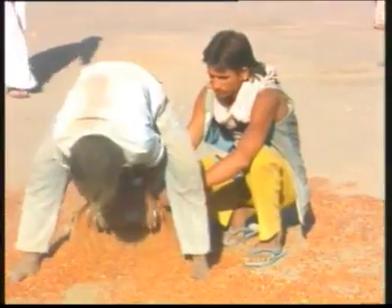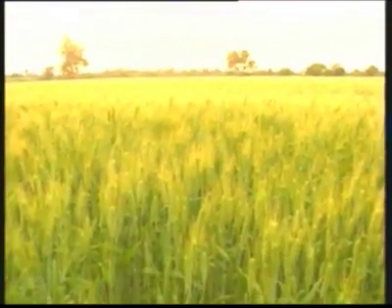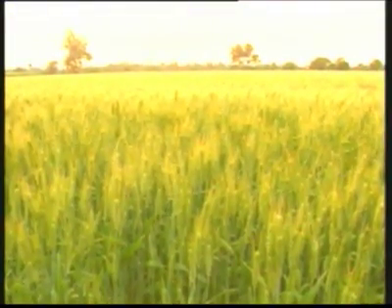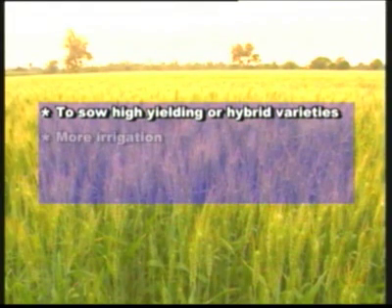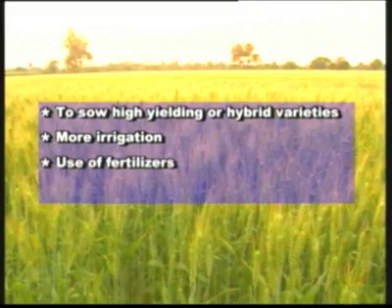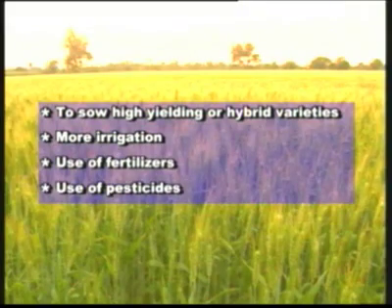It is in 1960 that Green Revolution was introduced in India. Green Revolution has the following requirements: to sow high-yielding or hybrid varieties, more irrigation, use of fertilizers, and use of pesticides.